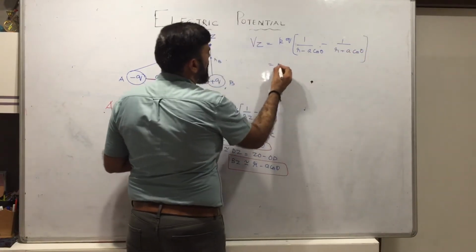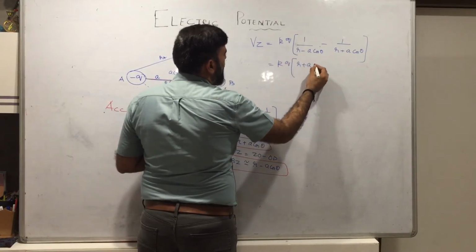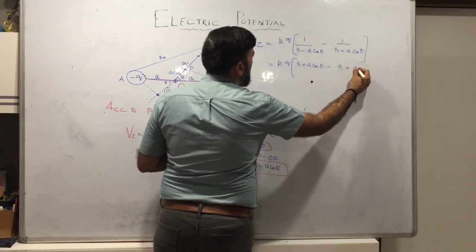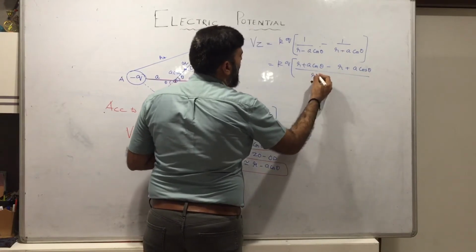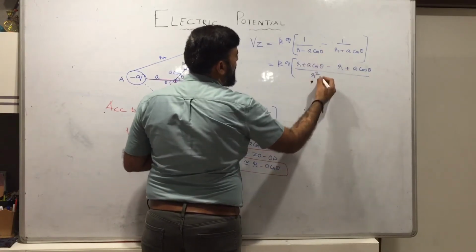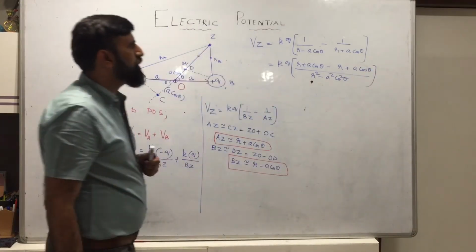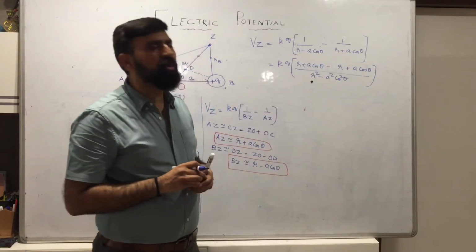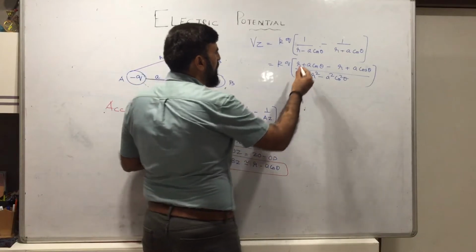Right? So I can solve this now. K, Q, this is R plus A cos theta minus R minus A cos theta upon R square minus A square cos square theta. Isn't it? So LCM is R minus A cos theta into R plus A cos theta. So I get R square minus A square cos square theta. Right? Fine. Let me solve this.